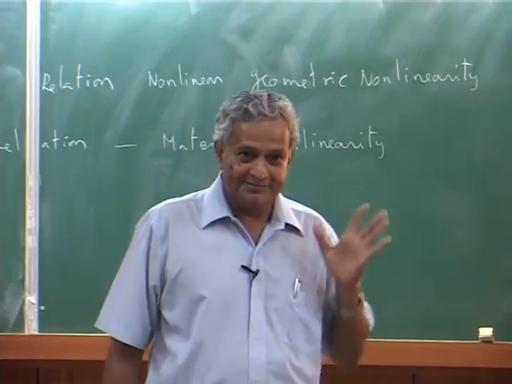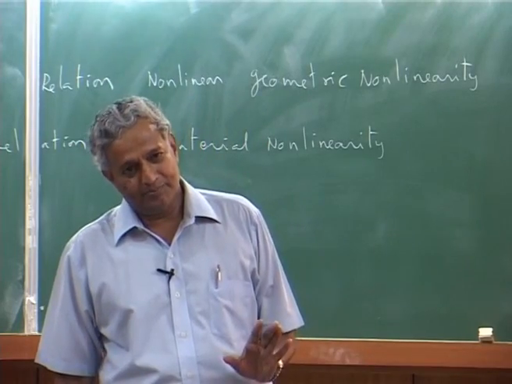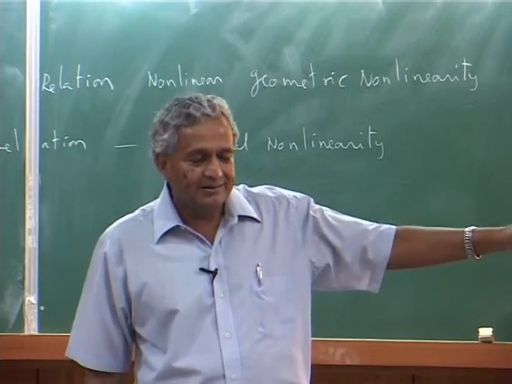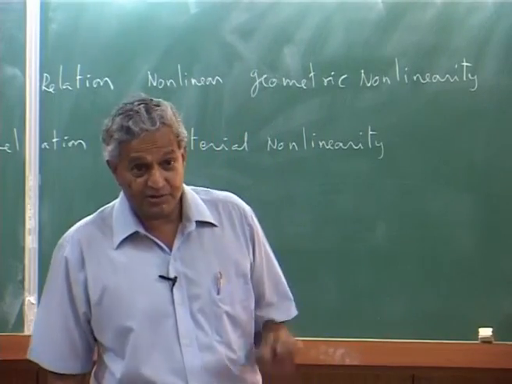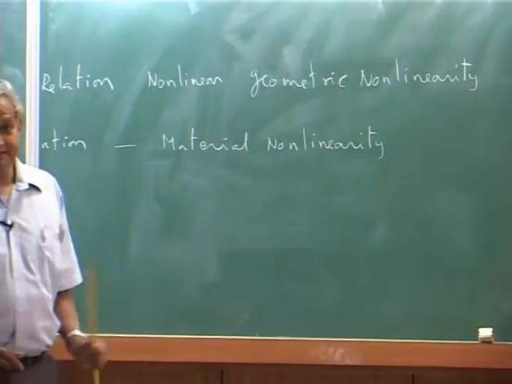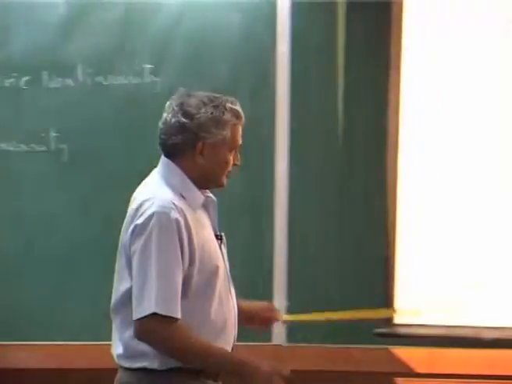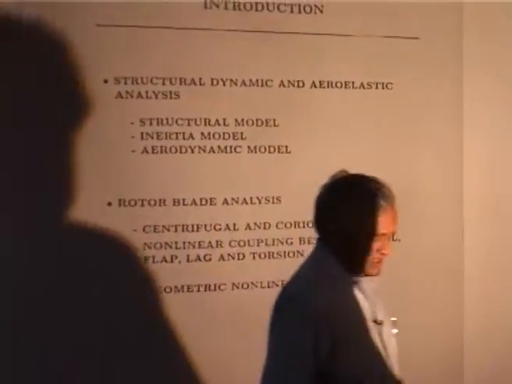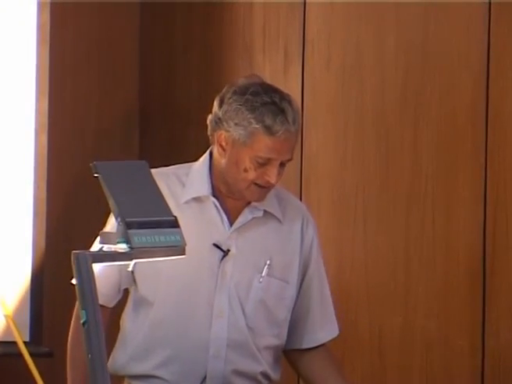Strain is small, but strain to displacement is not small, because the displacements, they do not say large, they say moderate deformation. It is not a small deformation. That is why this relationship is nonlinear. And that is why geometric nonlinearities have to be considered if you want a proper treatment of this blade analysis.